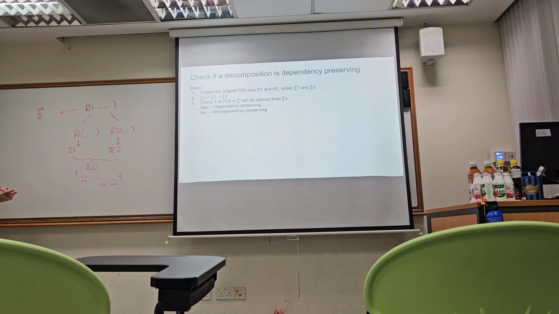The name suggests it: dependency preserving means that after you decompose, is everything here still derivable from what you decomposed? Is the functional dependency, the relationship, still preserved after you decompose? That's what dependency preserving means.